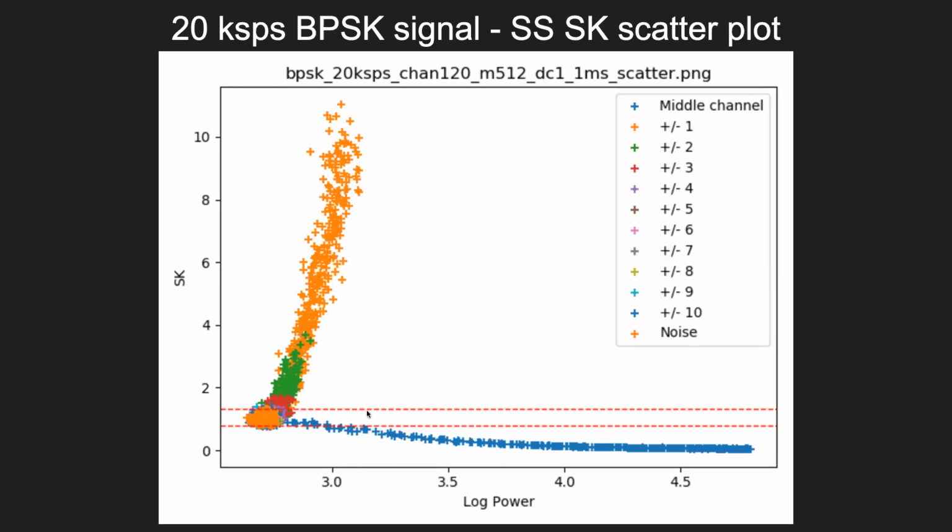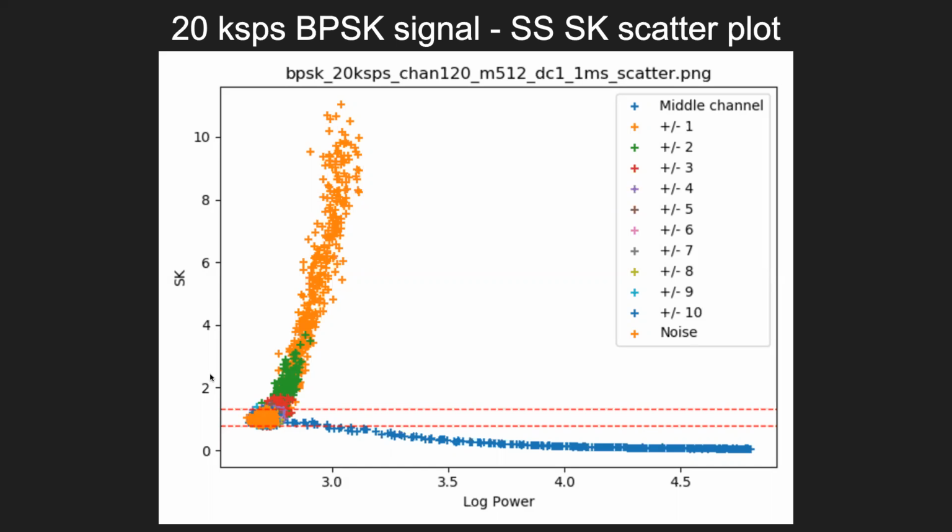So data points outside of these two dashed red lines are considered RFI, as kurtosis sees it. Our middle channel dips below our acceptable threshold, and the sideband channels streak way up here, which is kind of fun and interesting to look at.